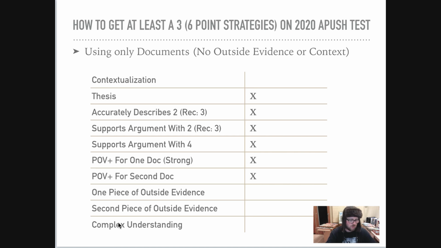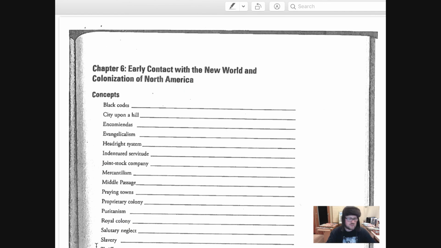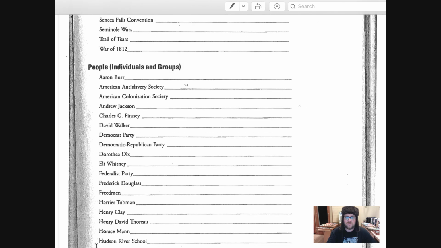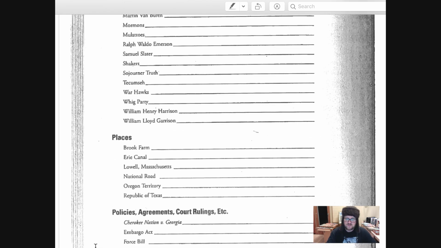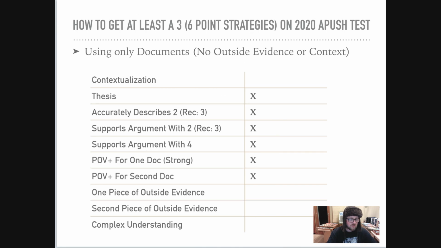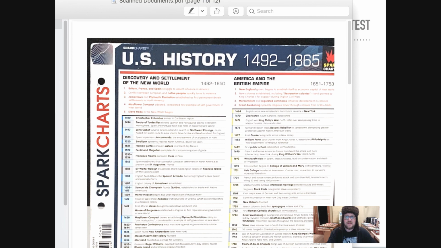outside evidence that would work great for this would absolutely be using this, which is basically a guide that has all the different key vocabulary throughout this class. I'll have this submitted for you guys to use. You may, of course, use the timeline that we've been working on.